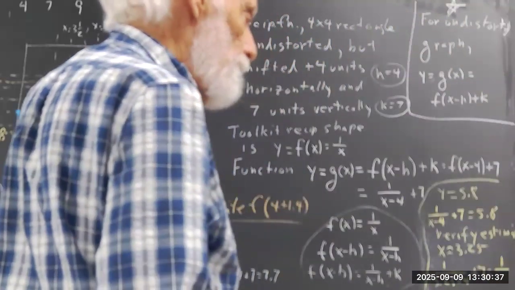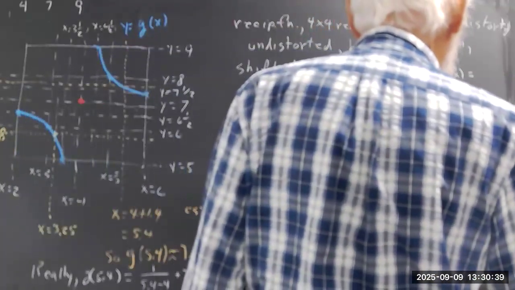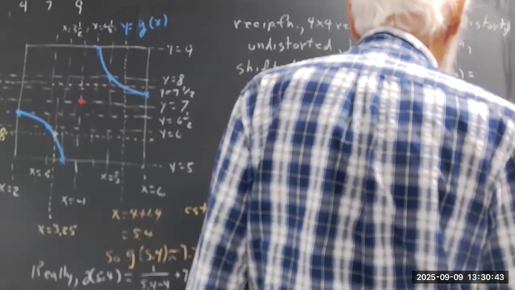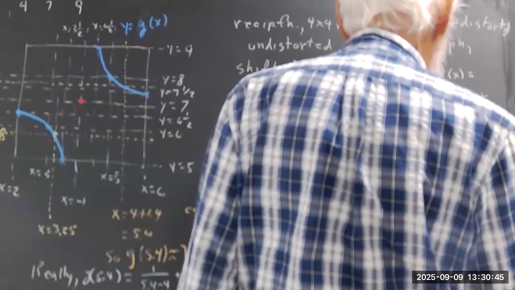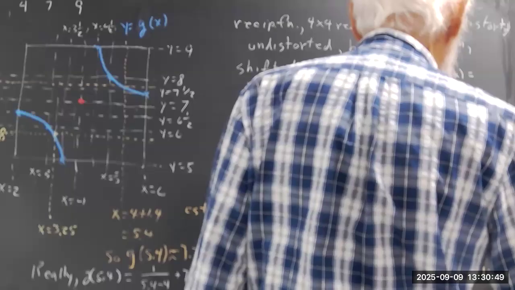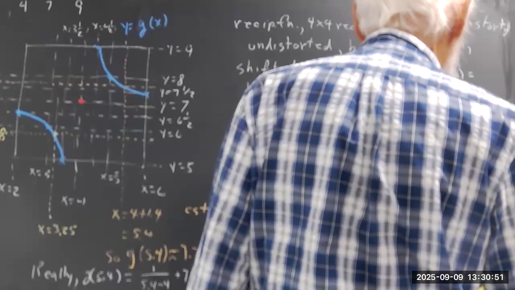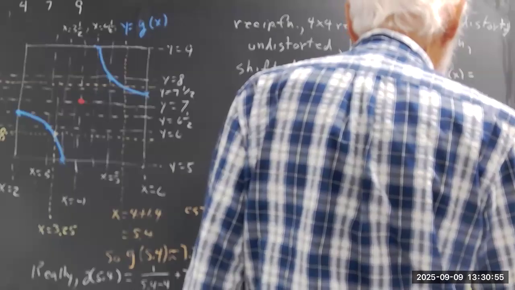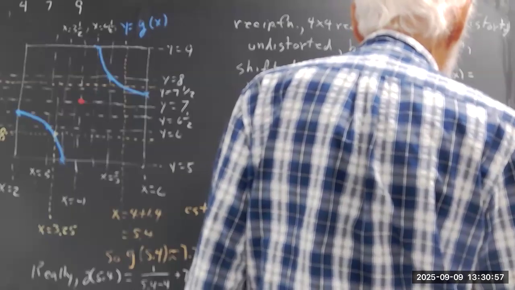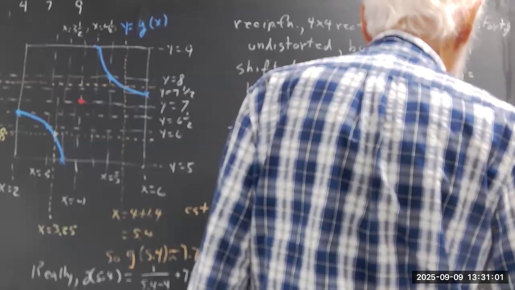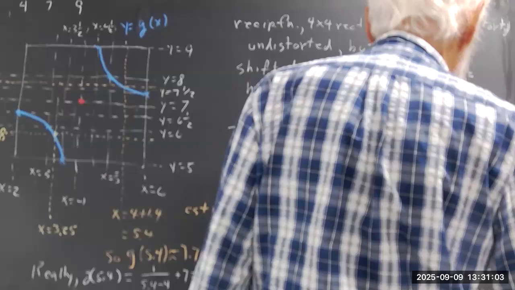Okay, 3.25 minus 4 is negative 0.75. Then you got the plus 7, which is very close to negative 1.33 plus 7, and that's 5.67.